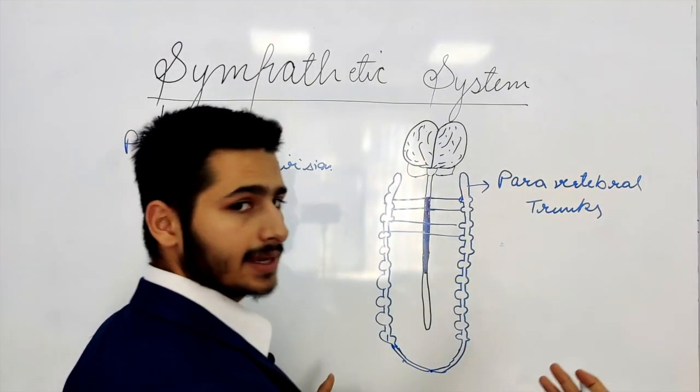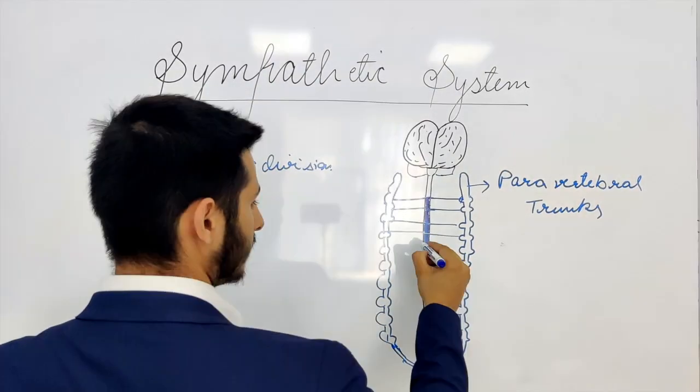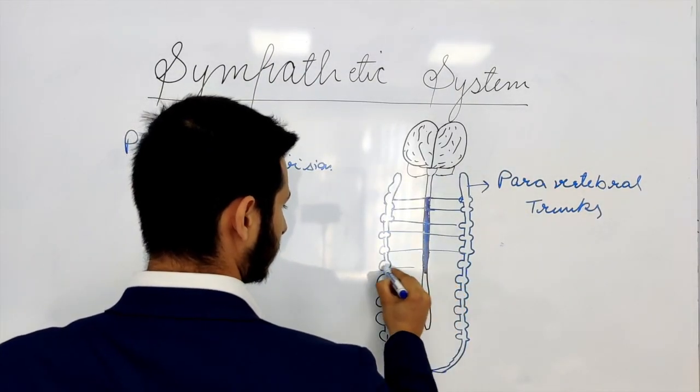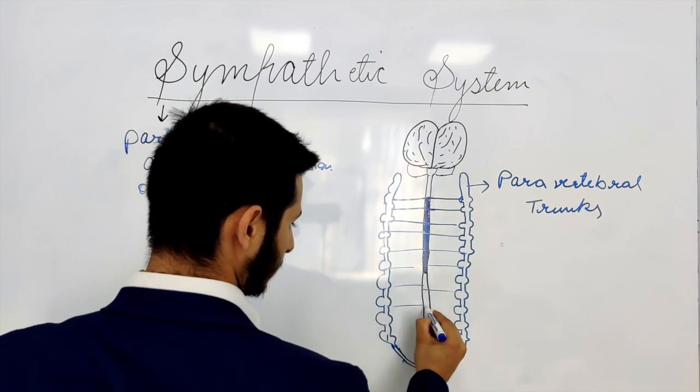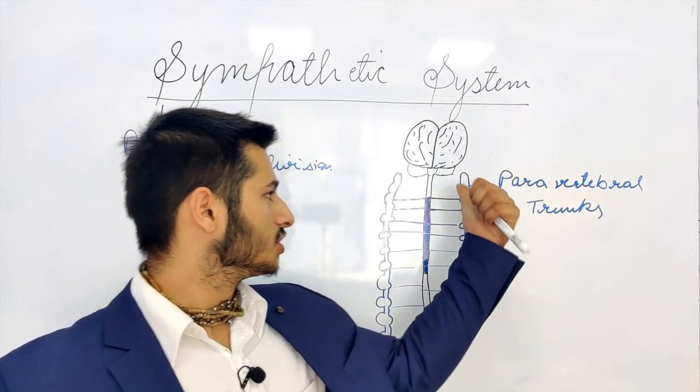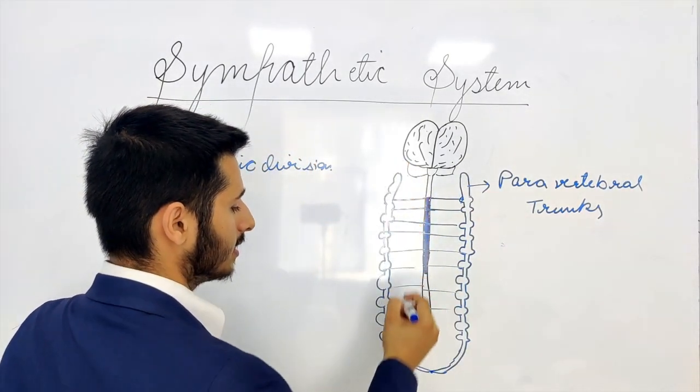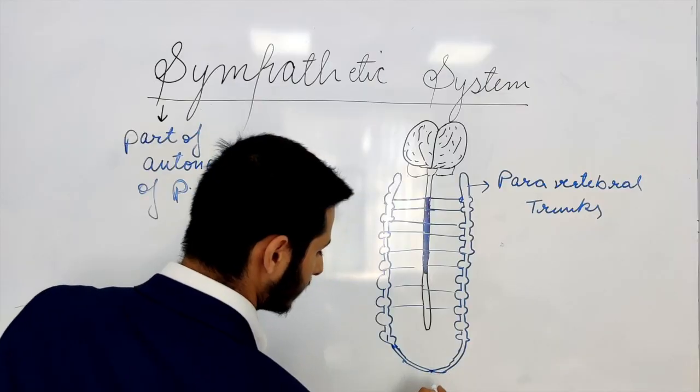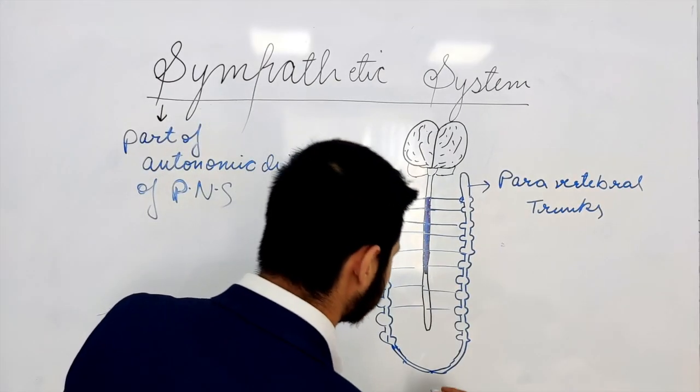They are on each side of the spinal cord. These paravertebral trunks originate at the base of the skull and they descend anteriorly to the coccyx.